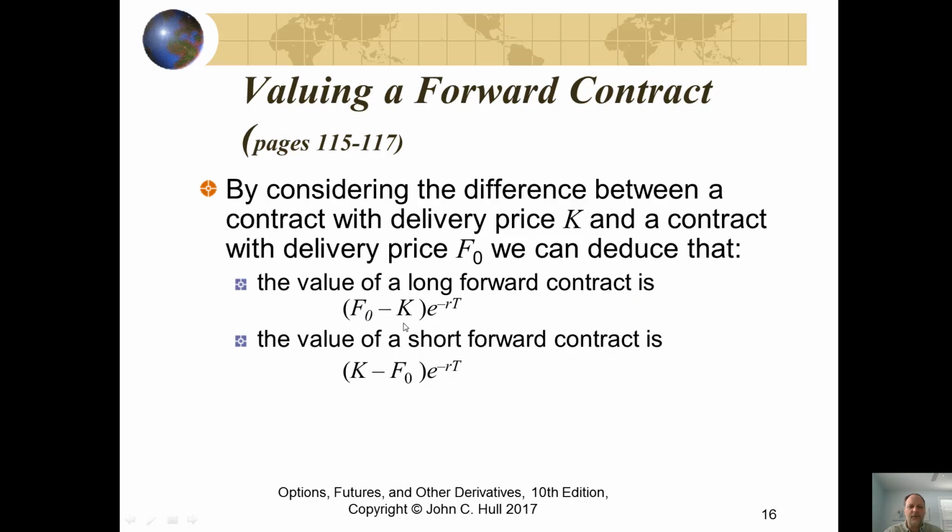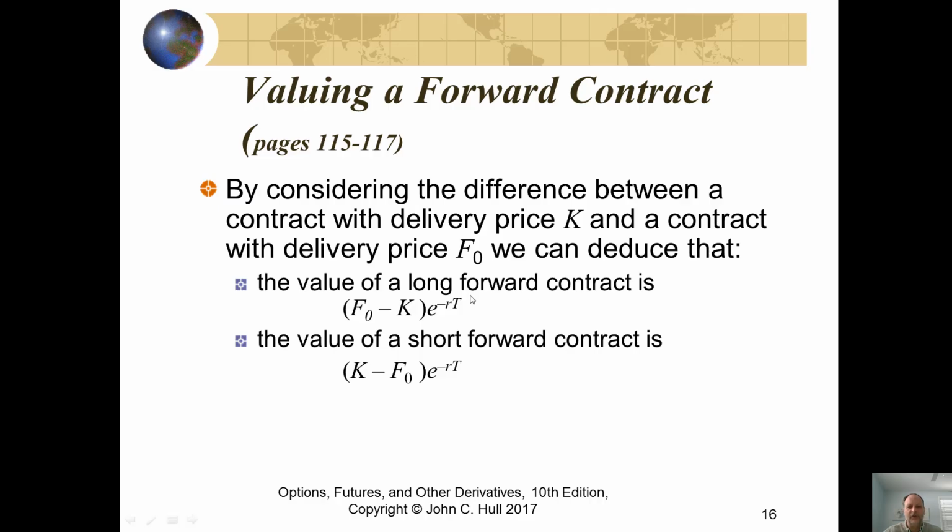So we signed the contract for K. Let's say a cattle we believed would be priced at K in a year, but now the market believes they will be something above K. So if you are long this contract, you still get to buy at K, and the price has gone up to something above that. So on the day of delivery, you will make a profit per unit of the contract of F naught minus K. What is the present value of that today?